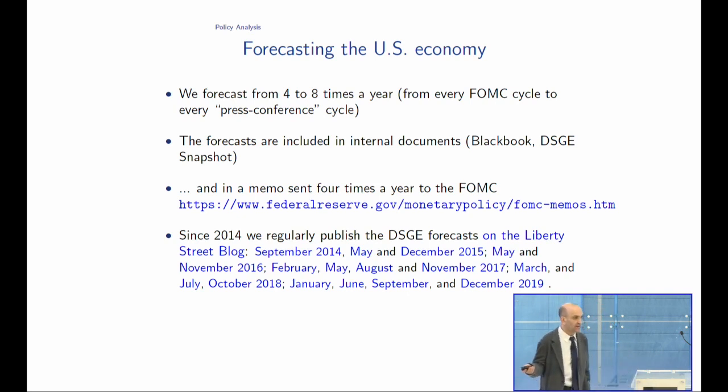The board is totally fine with that. And we started doing that in 2014. Okay? And so these are just a list of posts. We do that using a Liberty Street blog post, which has a really short commentary about most of the forecasts, the table with the numbers and the projections. I'll show you in a second what that looks like.